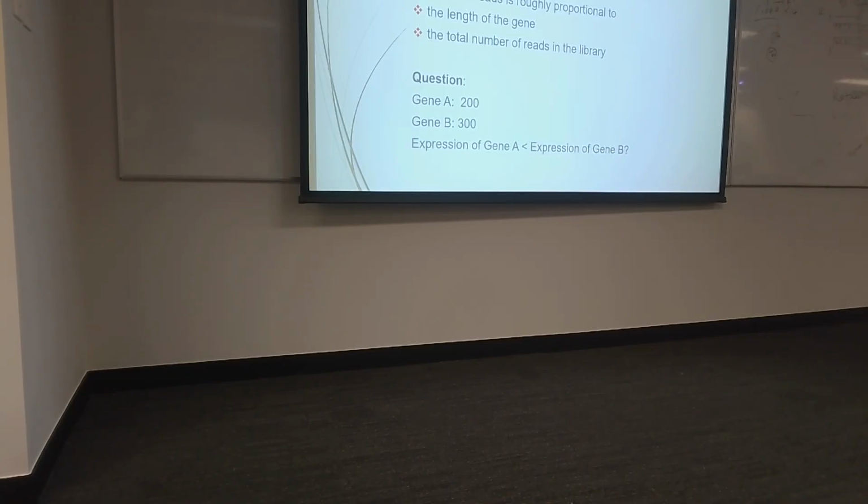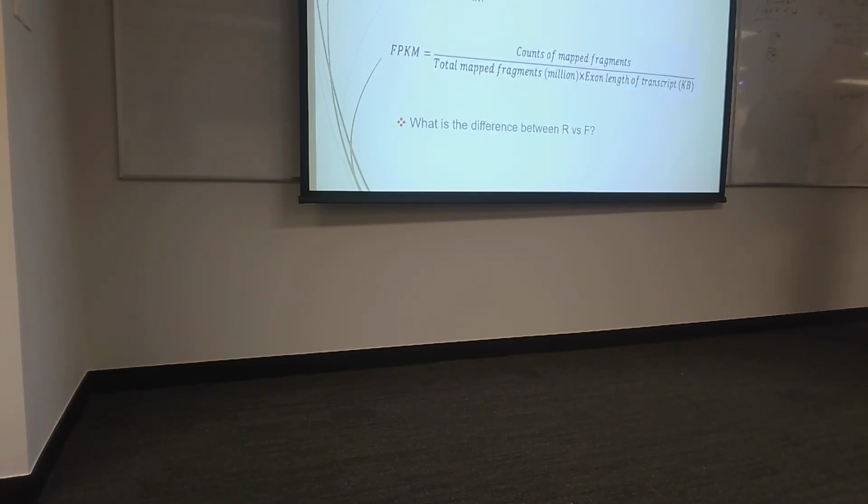However, you might also want to think deeper. For example, some genes are longer, some genes are shorter, smaller, right? Therefore, when you calculate whether gene B has a higher expression level than A or not, you should also consider the length of a gene. Also, you need to consider the sequencing depth of your sample as well.